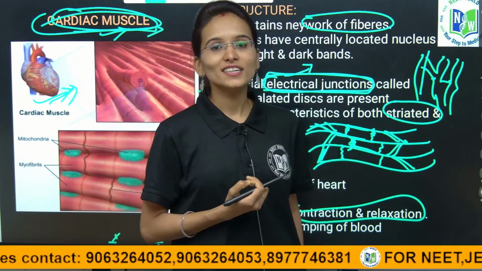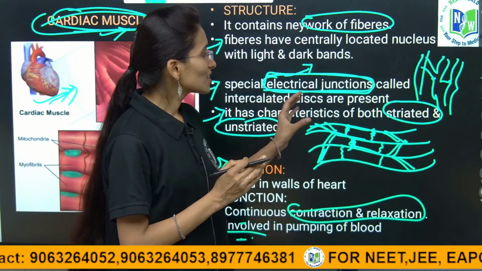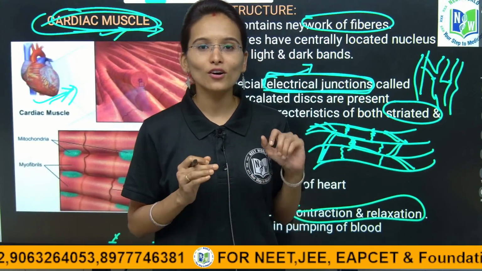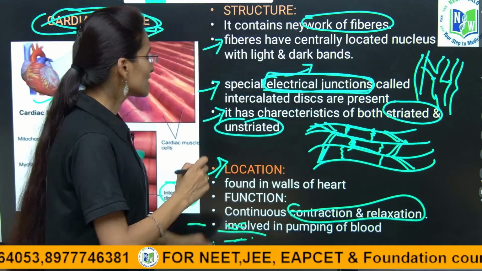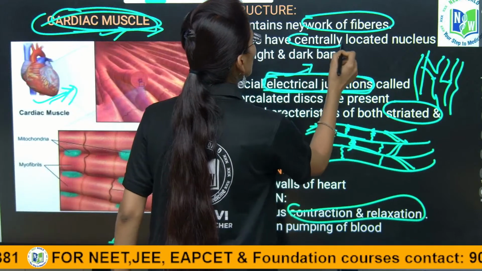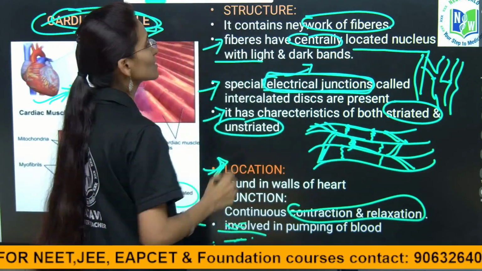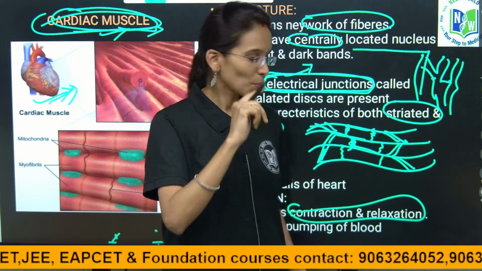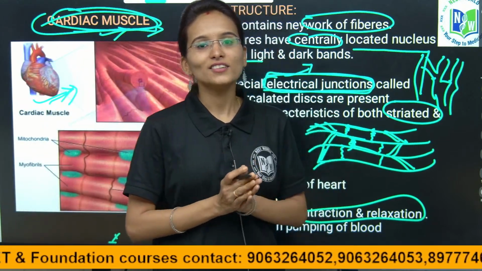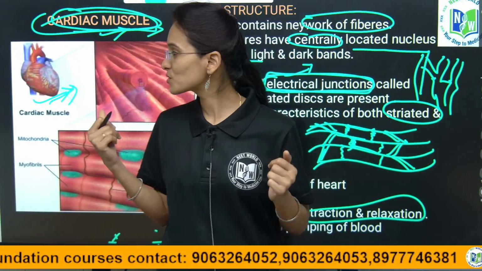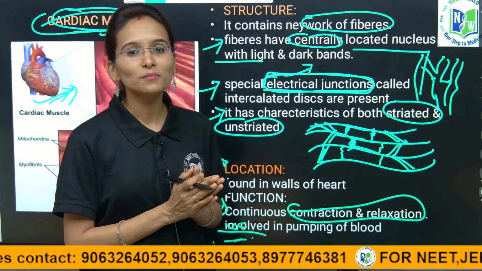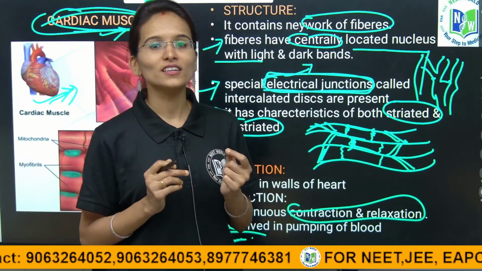Those intercalated discs are just the electrical junctions where some coordination takes place during the pumping of the blood. These are found in the walls of the heart, and they have centrally located nuclei with light and dark bands. They continuously perform contractions and relaxations. When they show all these continuous contractions and relaxations, then only it pumps the blood throughout the whole body.